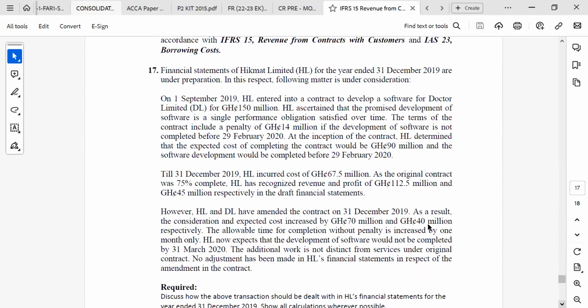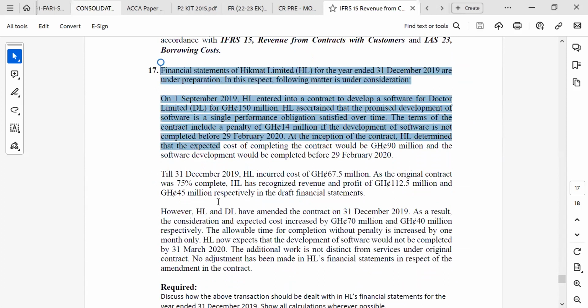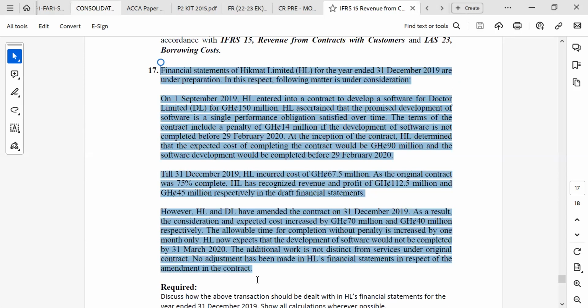So this is a pre-mock question for corporate reporting. This particular one is about a point over time. If the contract has been modified, sometimes the person will tell you, I want you to construct a 3-story building.